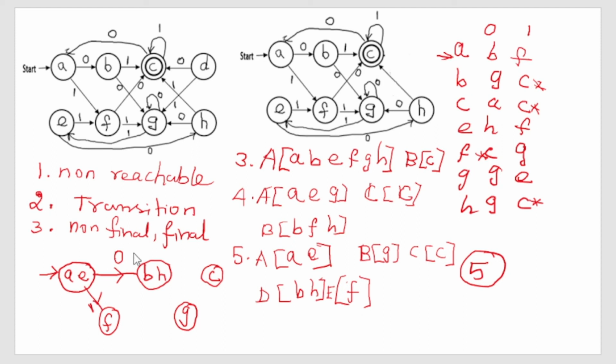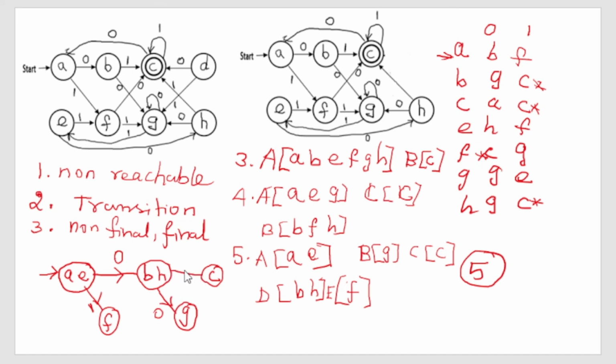So I can mark it here as F, and then take BH. The transition 0 leads to G, and the transition 1 leads to the group C. So this is 1, and C is the final state.